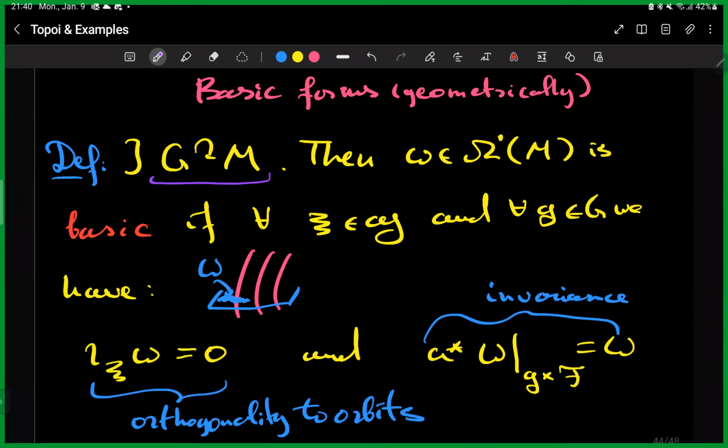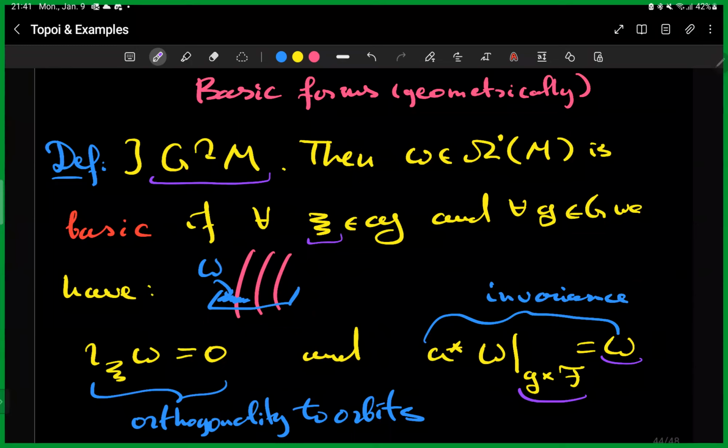Then a form on this manifold is called basic if, for any vector field which is induced by a vector in the Lie algebra of G, so we have a vector in the Lie algebra, and then we promote it to a vector field along the orbit, and for any element g in our group, the contraction of omega with this vector field psi is 0, and the morphism induced by this action on the restriction of omega to this presheaf is just the same form omega.